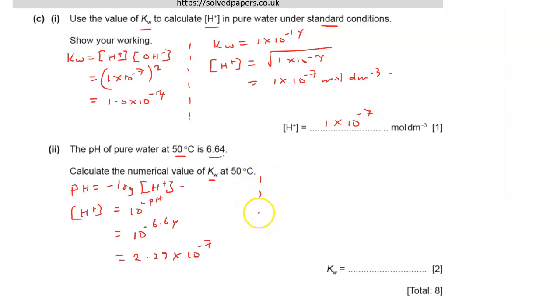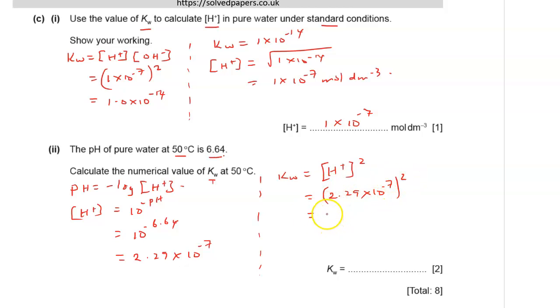So to calculate the ionic product of water, you know that the ionic product of water equals the concentration of hydrogen ions squared. And therefore, this will be 2.29 times 10 to the power minus 7 squared.